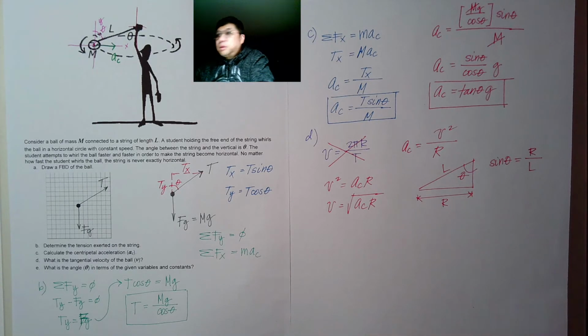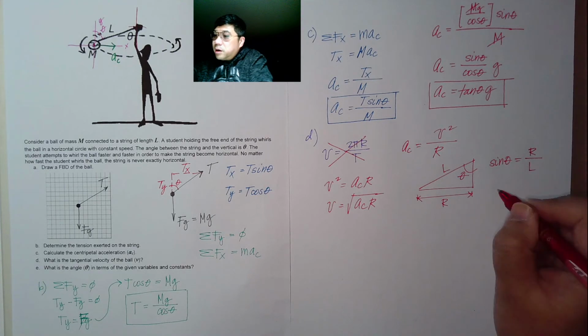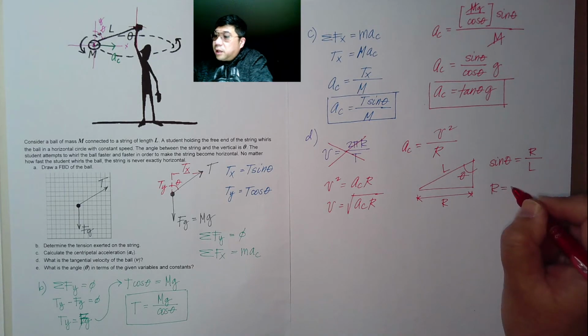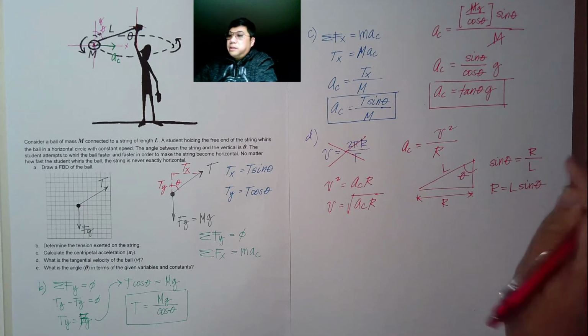Now I don't want to solve for my sine theta, but I want to solve for my r, and represent my answer in terms of sine and L. So this means that I have my L multiplied by sine theta.